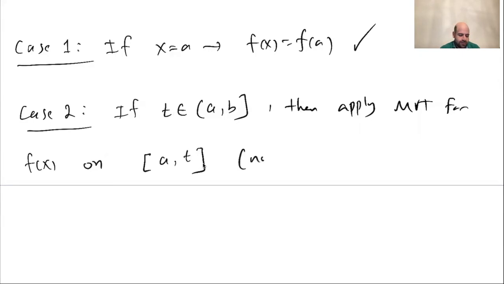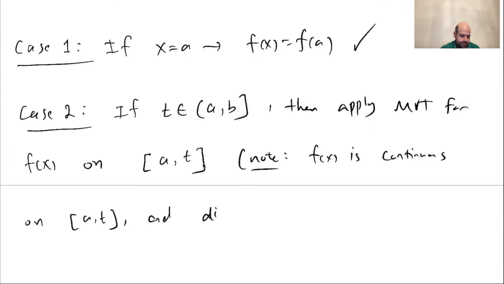Note that f of x is continuous on a to t and differentiable on a to t, right?